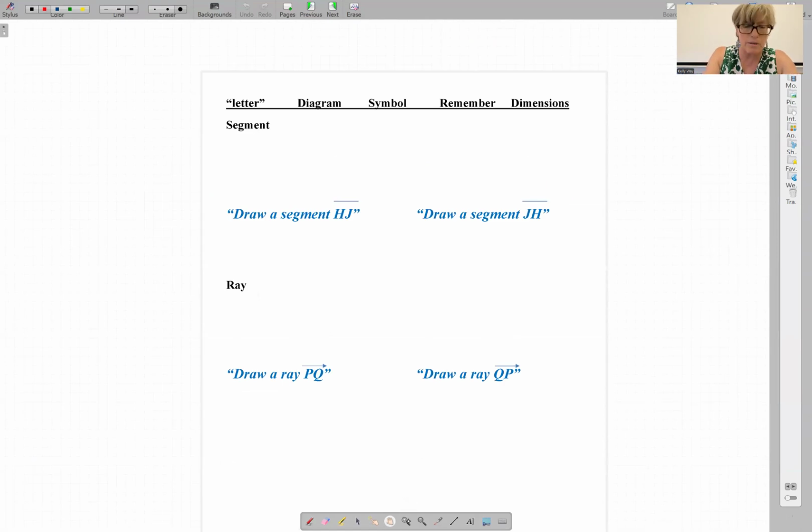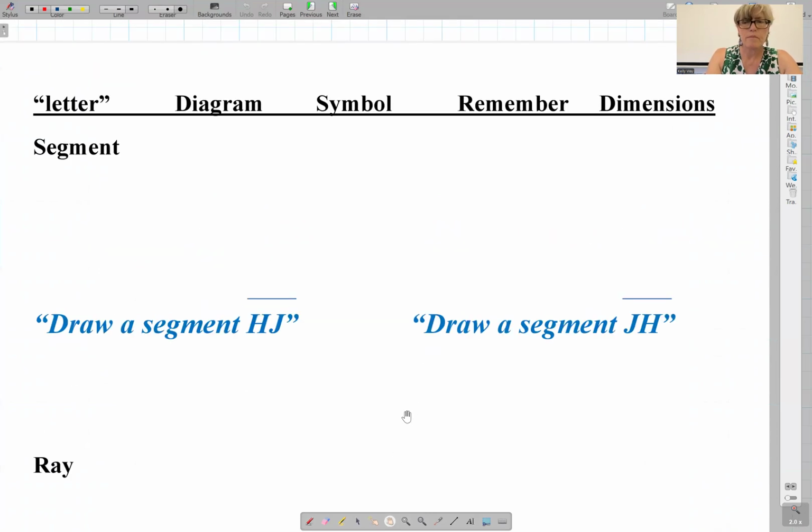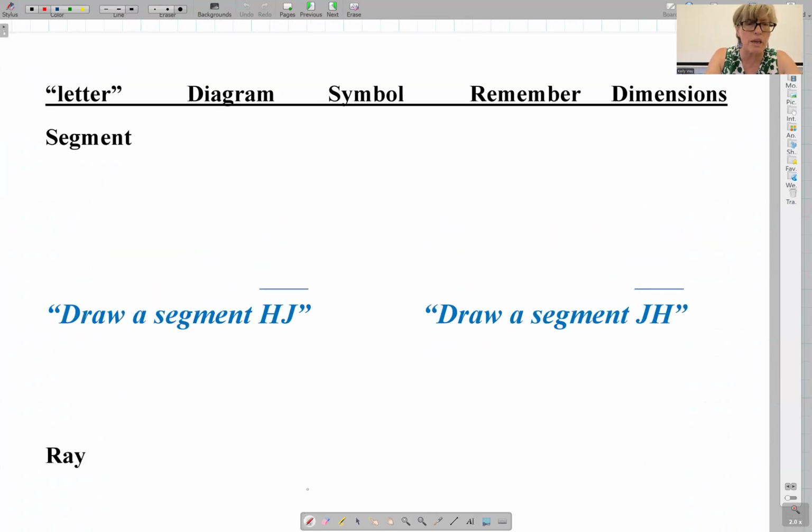A segment. A segment is simply a piece of a line. So it's a piece that has an end point. It is the piece of a line that connects 2 points. So here, if I have PQ, the symbol for that segment would be this.